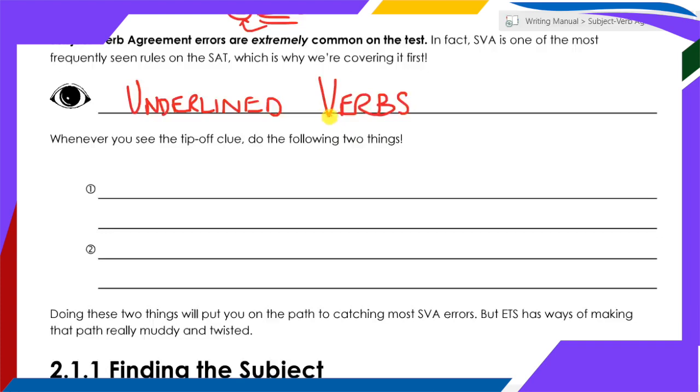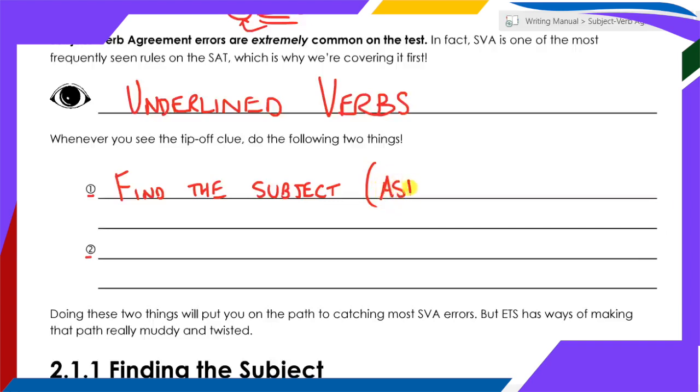In these two numbers right here, we're going to write down what we need to do every time we see an underlined verb. The first thing that we need to do is find the subject. For many of you, that might be very simple. I'll give you a little hint.